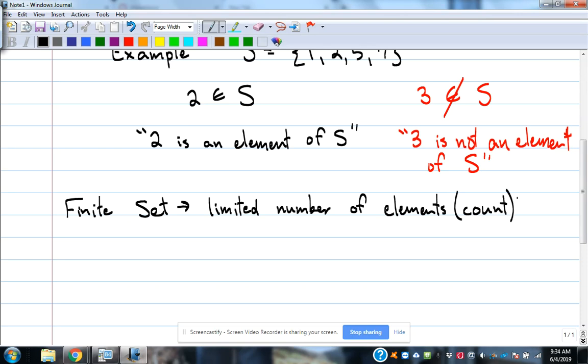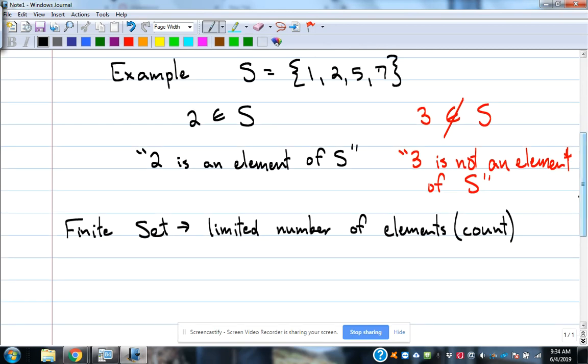I always relate that a finite set, you can count how many pieces are in it. Examples of finite sets are like the set S that we've got written here. It has 4 pieces, 4 elements in it. It's a finite set because it ends.